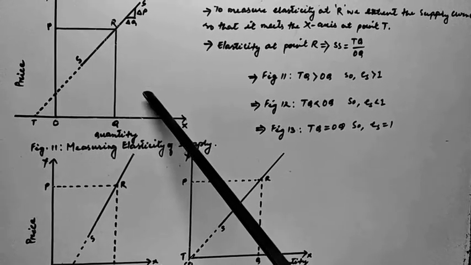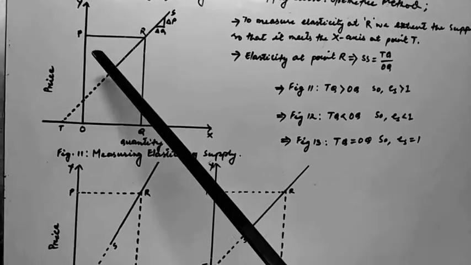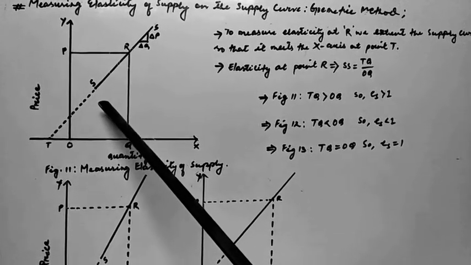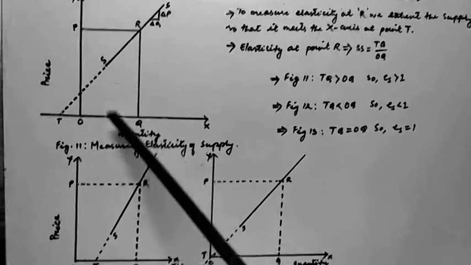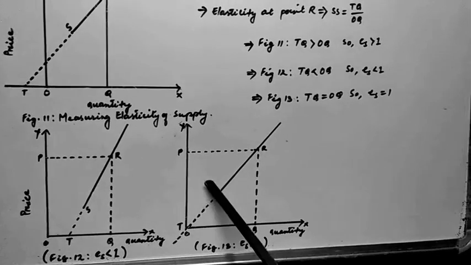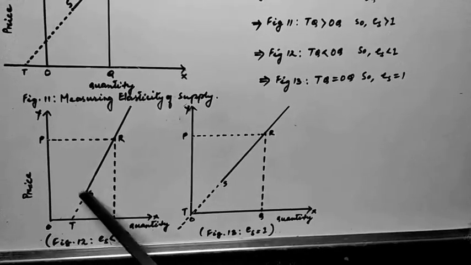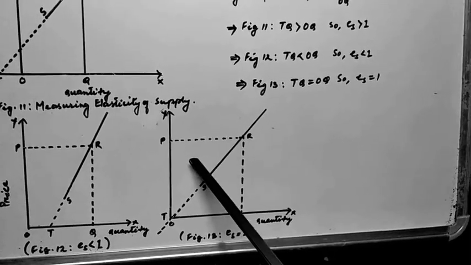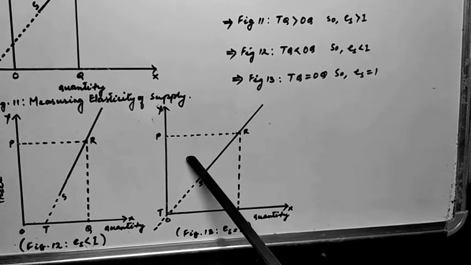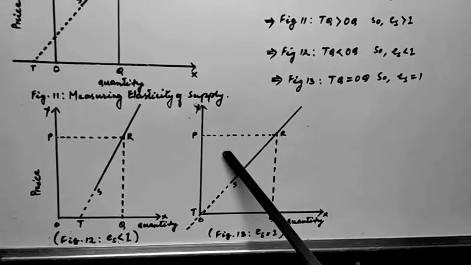So figure 11 indicates elasticity greater than 1, figure 12 is elasticity less than 1, and figure 13 indicates elasticity equal to 1, or unitary elasticity.